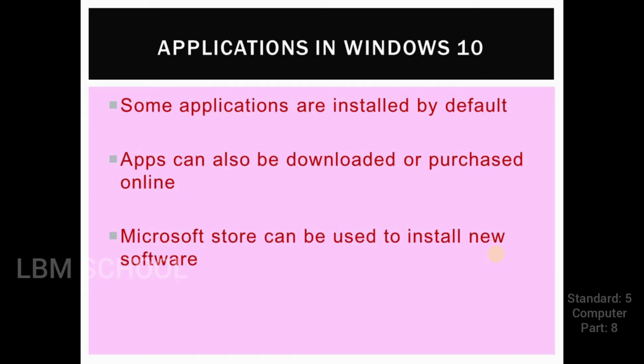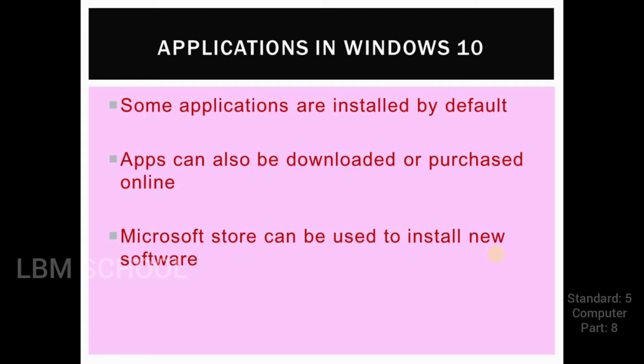Likewise, in a computer also, there will be some applications installed by default. For example, when you buy a Windows 10 operating system computer, sometimes a web browser called Microsoft Edge will be set as a default browser.